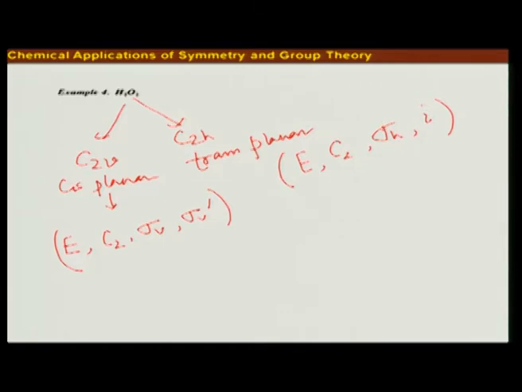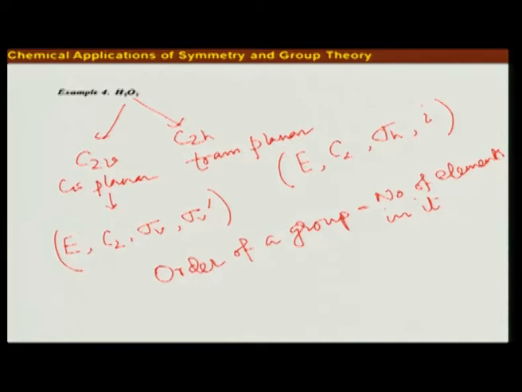Now if I ask you, can you tell me what are the orders of these groups? Both of them have 4 elements. In a group there are 4 elements, and each element is a symmetry operation. So the answer is 4 for both of them. The order of a group, as we have mentioned earlier, is equal to the number of elements in it.